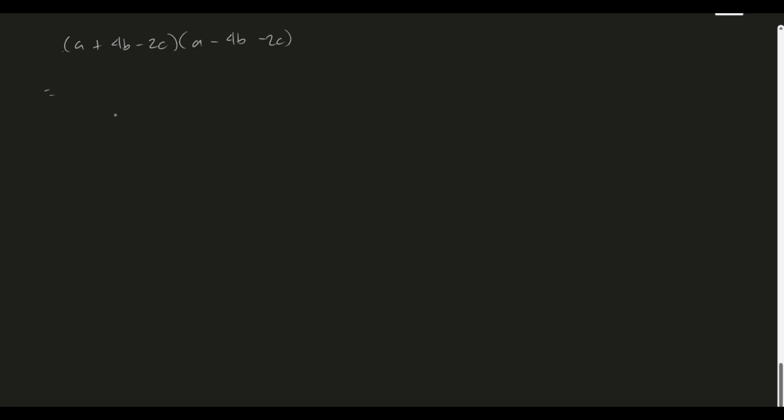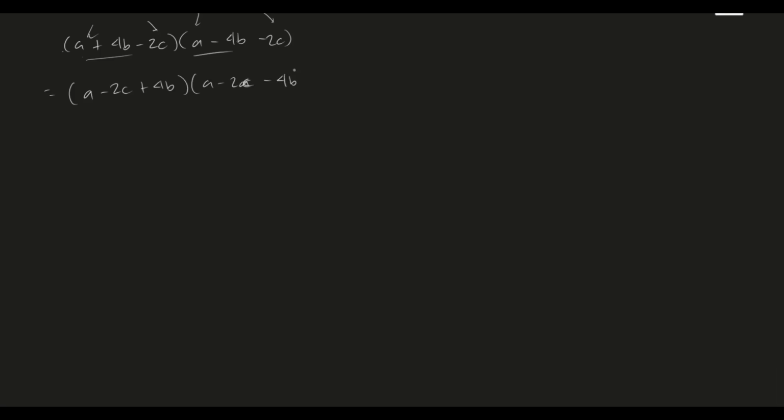Okay, let's say we have this kind of problem. So as we can see here, the a plus 4b is not the same on this side. So what's the same here is we have positive a and negative 2c on the other side. So those two will be grouped together. So we have a minus 2c plus 4b times the quantity of a minus 2c minus 4b.